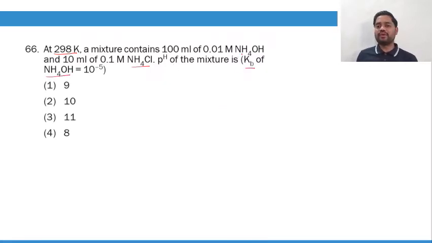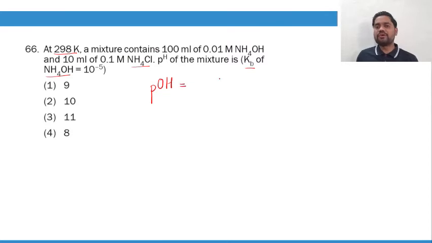So first of all, this NH4OH and NH4Cl is basic in nature, and the solution is basic. So we'll go with the pOH value. This is a basic buffer, right? How is it a basic buffer? It is NH4OH in the presence of its salt.